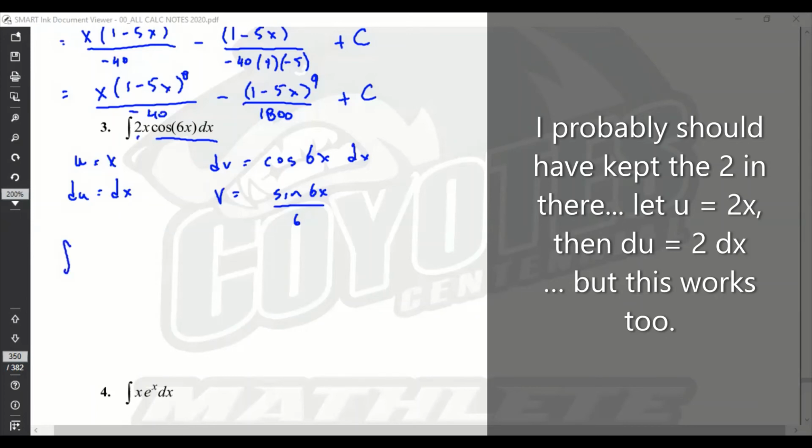The original question, don't forget about the fact that we have this constant of 2 here. So this is the integral of 2 times u dv. Ends up being equal to 2 times uv minus integral of v du.